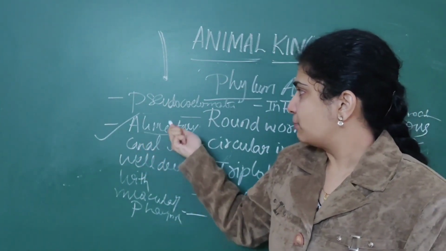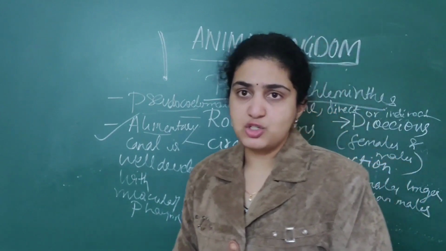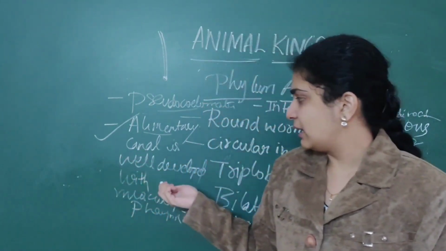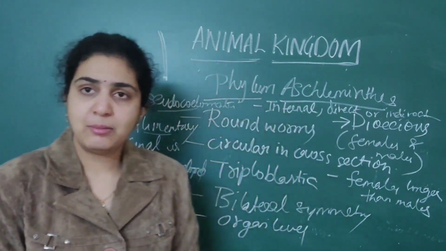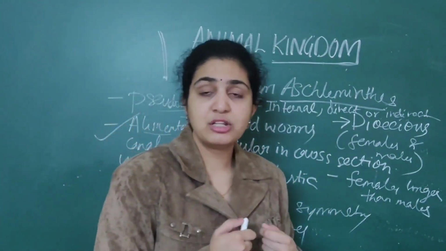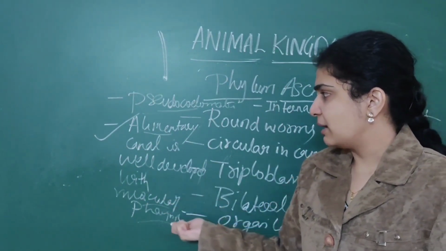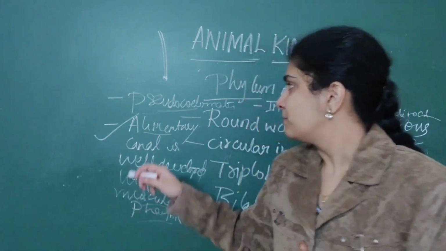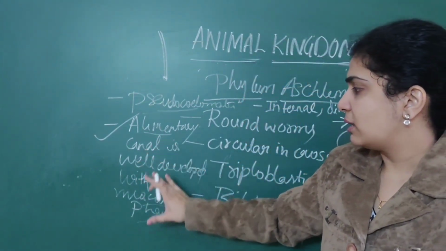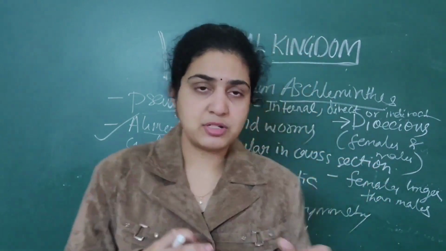Another important point to remember is about the specific features: the alimentary canal is well developed with a muscular pharynx. In which type is the alimentary canal well developed with muscular pharynx? In Aschelminthes.